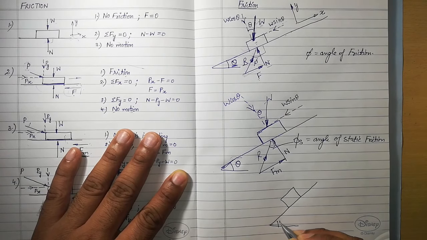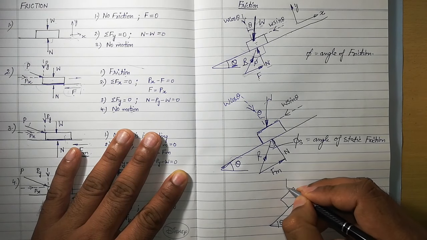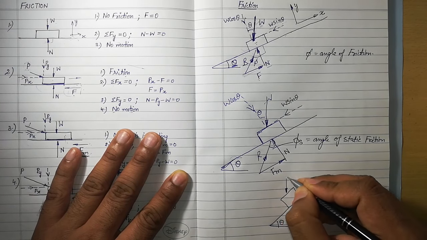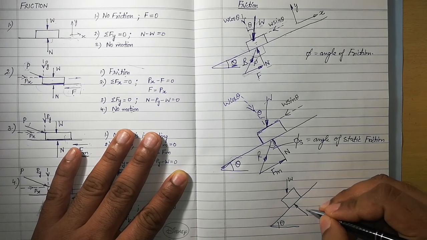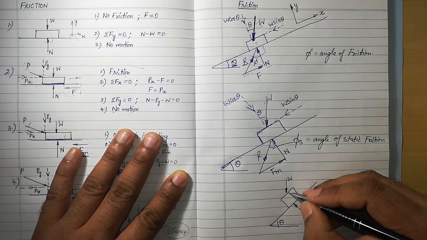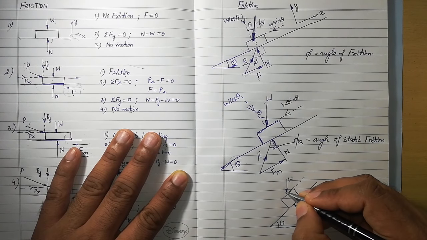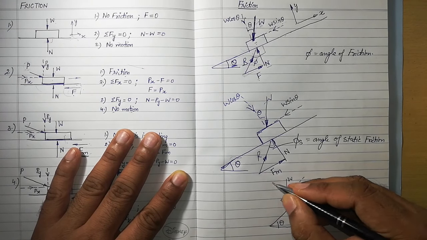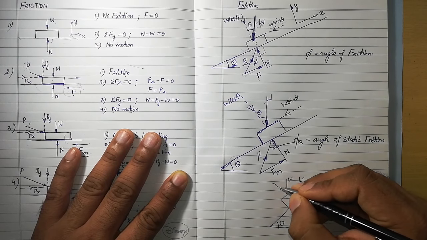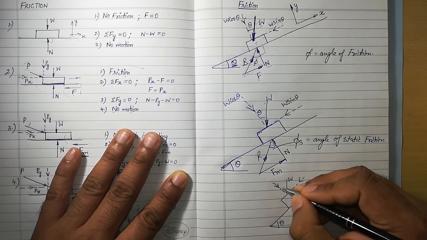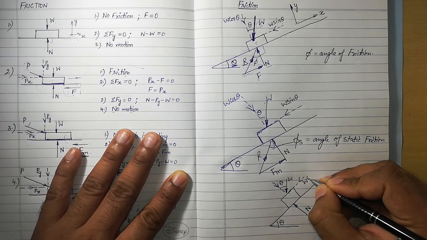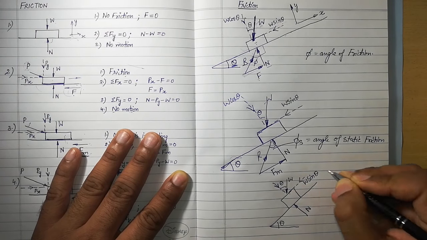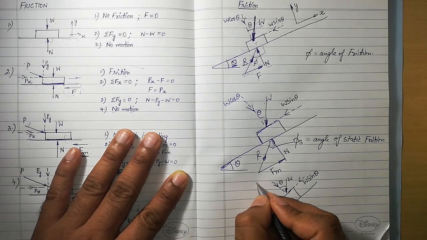Let us say this is the weight of the body acting in downward direction W. This is the normal pressure N. Let us show its two components, one along the surface, one normal to the surface. Arrowheads towards the origin. If this is theta, this angle will be theta by geometry. So this will be W sine theta, and this will be W cos theta.